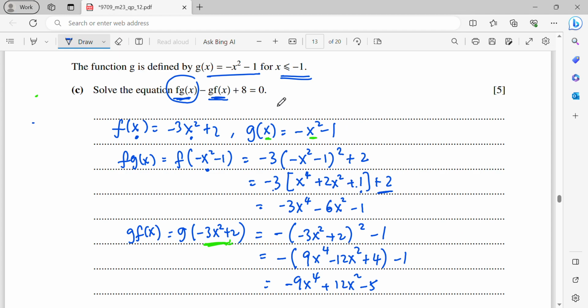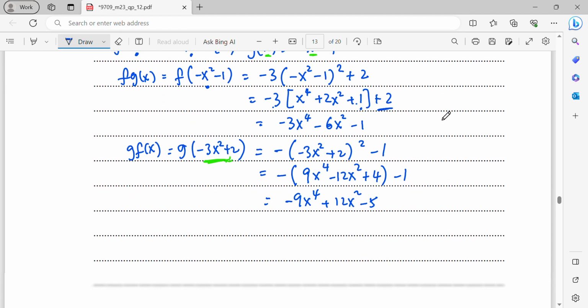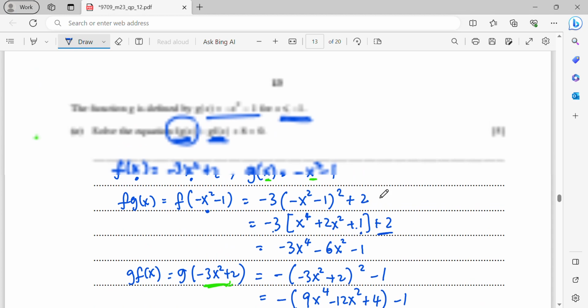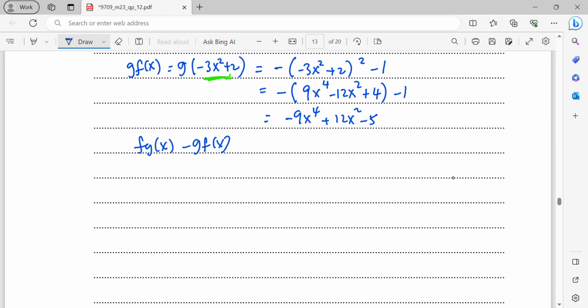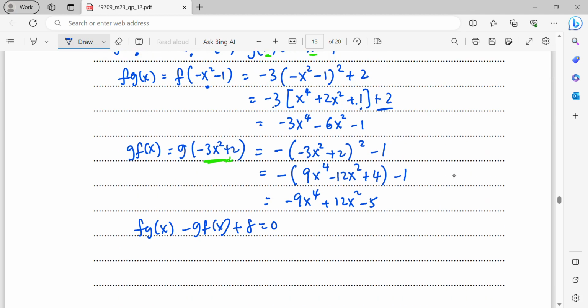Okay, so now I will substitute into this equation. fg(x) minus gf(x), then plus 8 equals to 0. Then I will be getting negative 3x degree 4 minus 6x squared minus 1, from the first composite function, then minus all these terms.